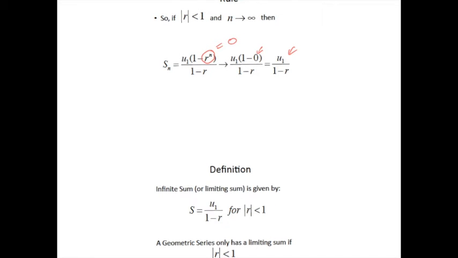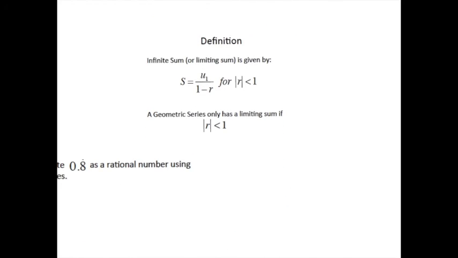So basically, this is the definition. An infinite sum or limiting sum is basically the sum of the infinite number of terms. And again, as n approaches infinity, r to the n is 0, or so close to 0 it's insignificant. Therefore, we now use this formula where r is between -1 and 1.